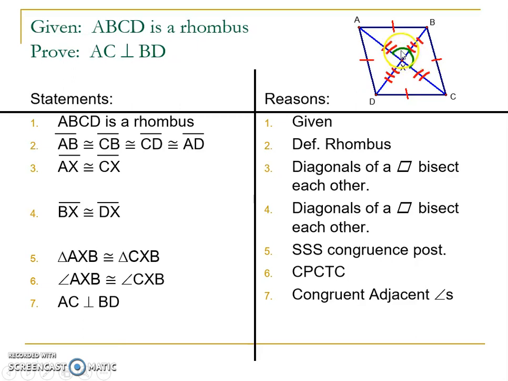And you can conclude that these two are perpendicular because you have congruent adjacent angles, which are 90 and 90 here, right? So you can use that to prove it using the side, side, side congruent triangle postulate. So this "post" means postulate. That's what I mean.